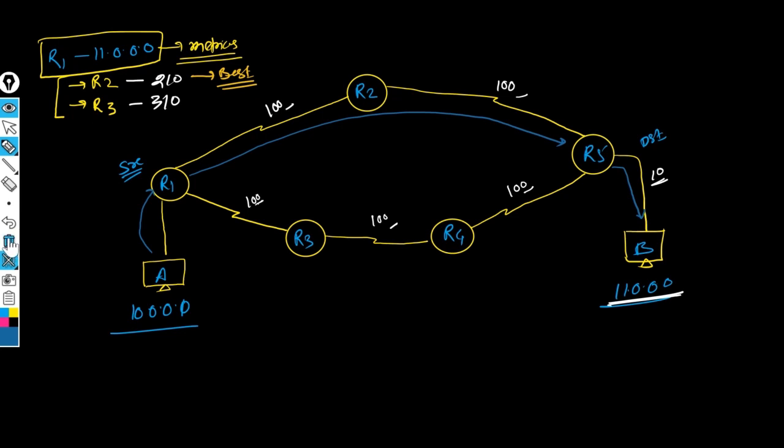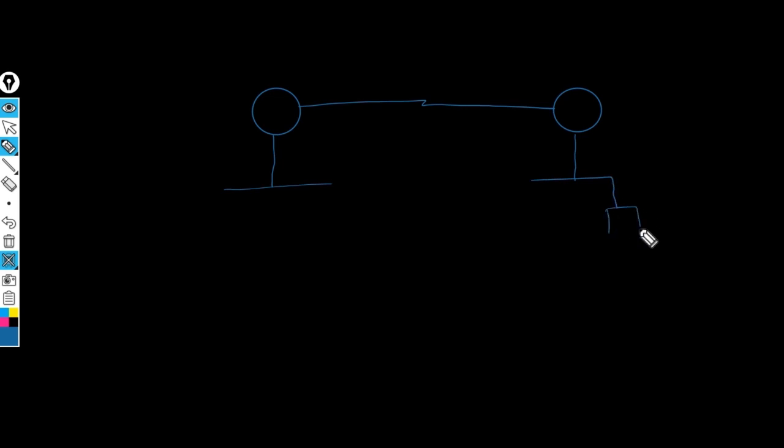Now let's take one more scenario to understand the administrative distance. Say for example, I'll take the same scenario again. Let's say some router and another router is here, and the connectivity between the routers is again via serial, and you have some LAN segment here and you have some LAN segment here as well.